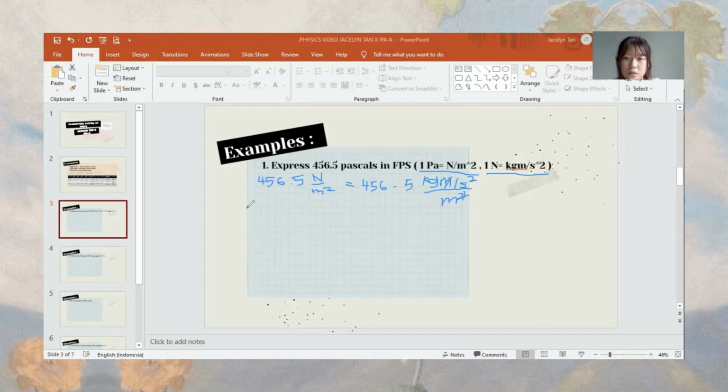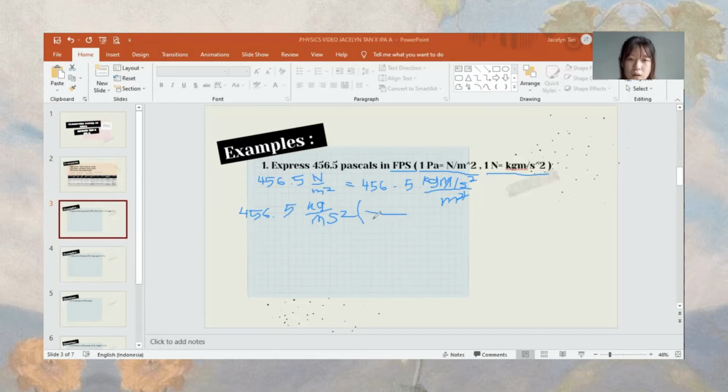So it becomes 456.5 kilogram over meter second squared. So in order to convert it to FPS, we need to multiply it. Kilogram, we need to change to slug.